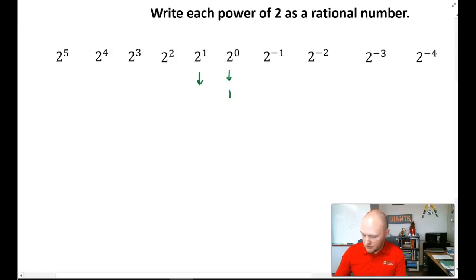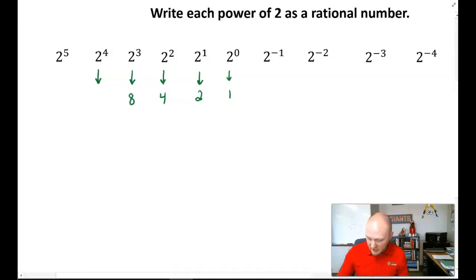These are very straightforward. 2 to the first is 2. 2 to the second, that's 2 times 2. This gives us 4. 2 to the power of 3, 8. 2 to the power of 4. I don't know what 2 to the power of 4 is. Well, didn't you just find out what 2 to the power of 3 is? So what do I do for 2 to the power of 4?